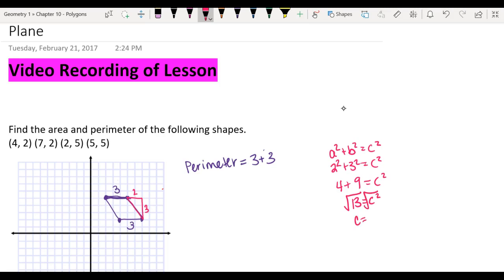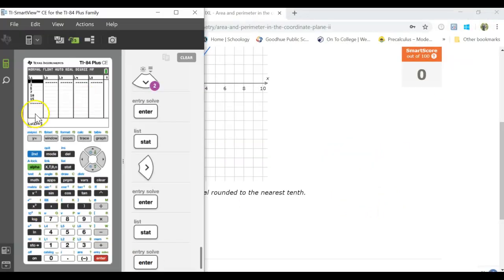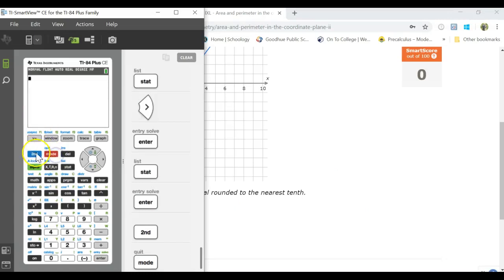Now, today, I believe you need to plug this into your calculator. So you would type in the square root of 13 and get 3.6.